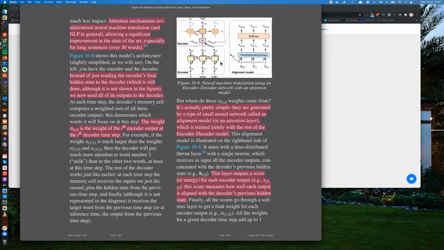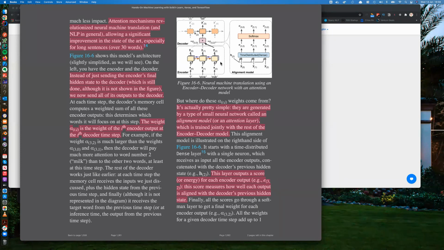Yes, the last word. However, the word milk will be processed last if it's in the right sequence, not the reverse sequence. That's my point. Because when you go one time step, one word at a time, milk as the last word would be on the top of the stack of the encoder's processing.